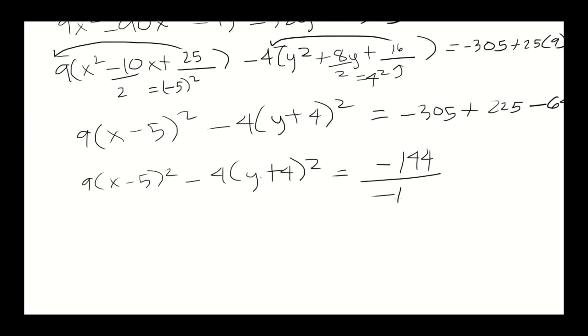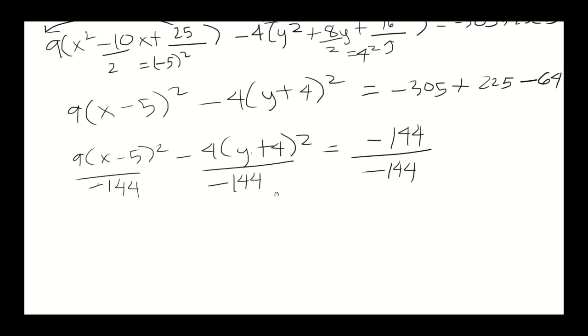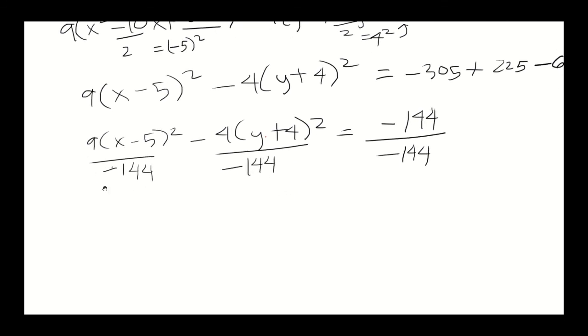So we divide it all by negative 144. So it will become 144 divided by 9. So first copy x minus 5 squared, then negative over 16, and negative times negative will become plus, then copy y plus 4 squared over 144 divided by 4, which is 36.